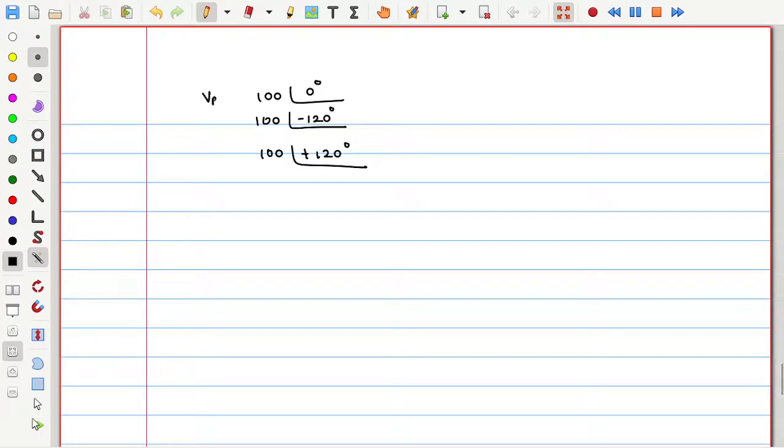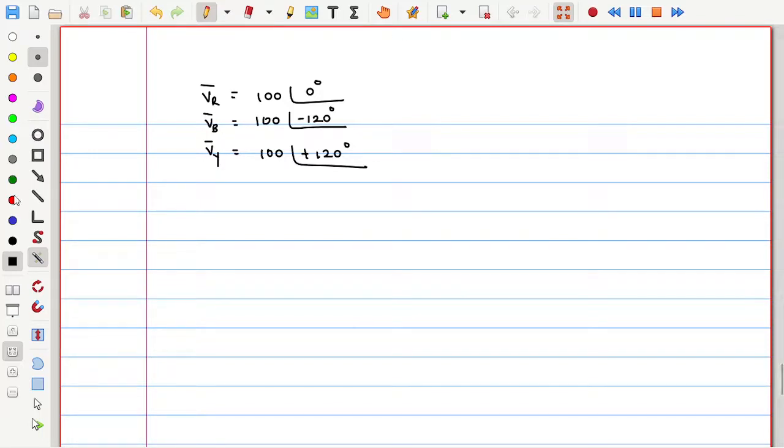Let us say VR, VY, VB. Now tell me, what is the phase sequence, positive or negative?